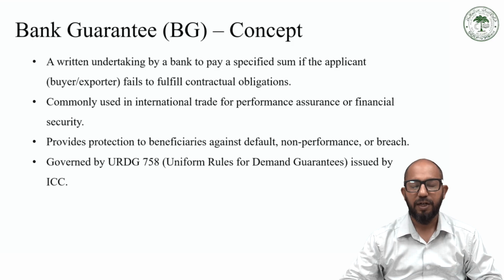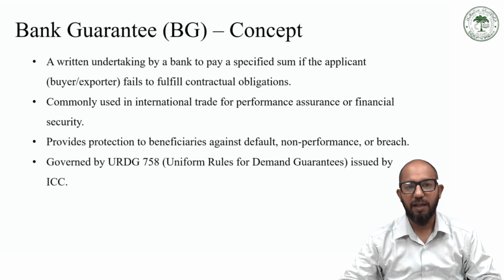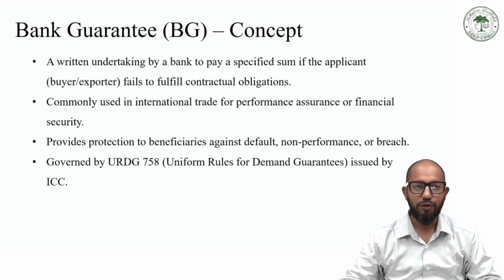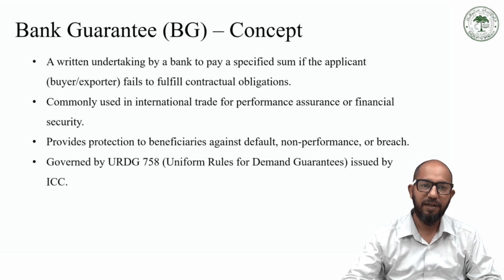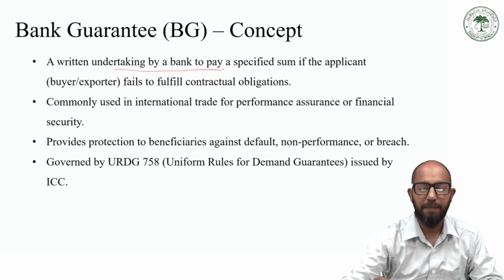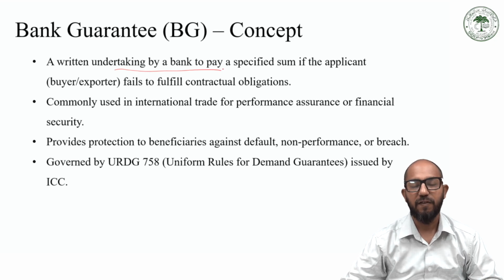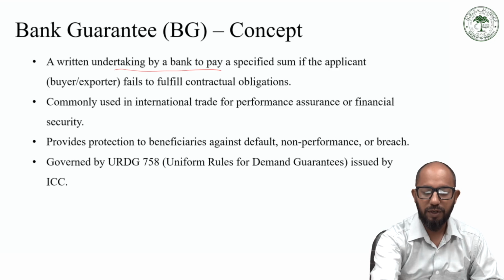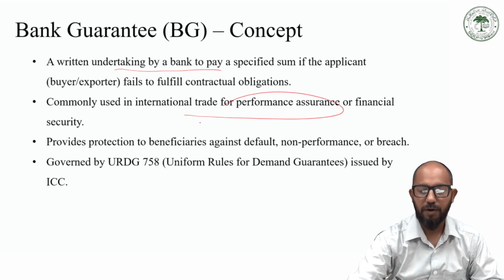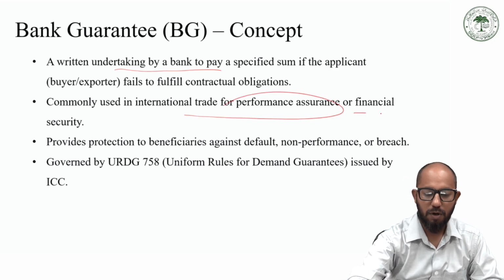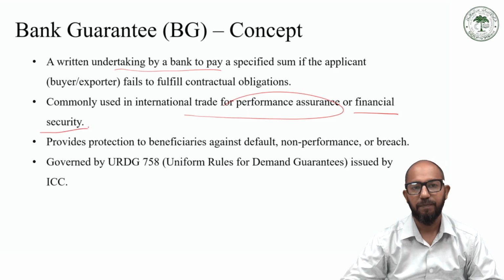Dear students, let us now move on to another type of payment instrument, that is bank guarantee. Bank guarantee is a written undertaking by a bank to pay a specified sum if the applicant, that is buyer or exporter, fails to fulfill contractual obligations. This is commonly used in international trade for performance assurance or for financial security.